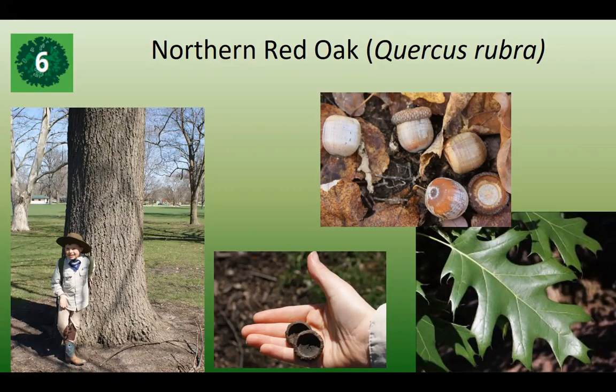He couldn't, but he found a couple of cups. And you notice that these cups are very, very flat. They remind me of the Scotsman's tam o' shanter, the little flat hat that the Scotsman wears. You also notice that the shape of the acorn is not oval like the white oak. It's more sort of squat.